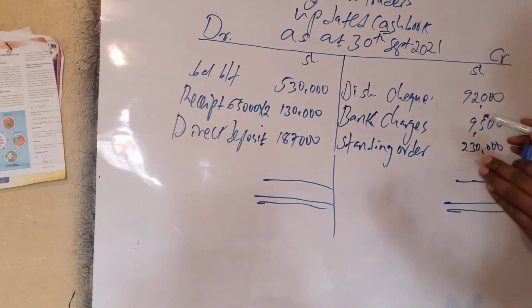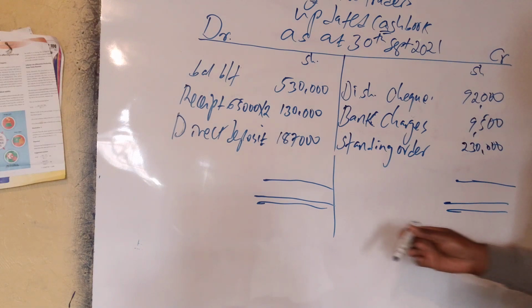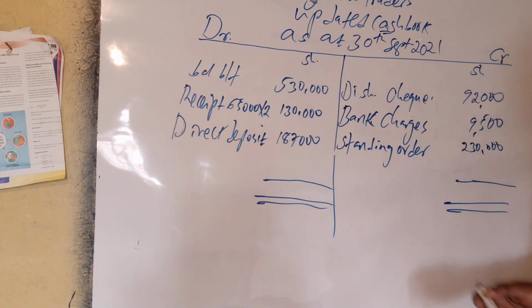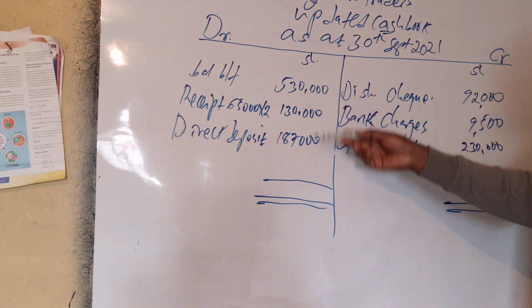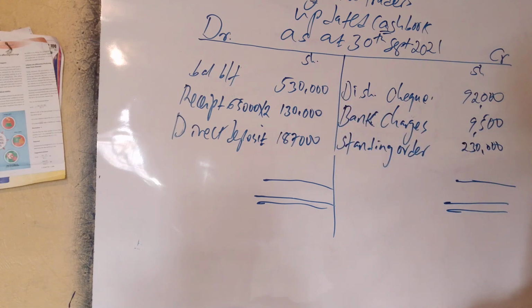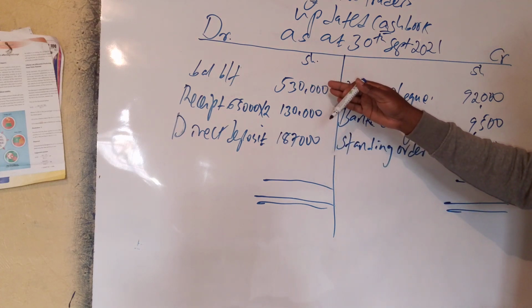The side with the higher amount gives you the total for both sides. For example, if we add up all this, we are supposed to get around, kindly confirm, 847,000 on this side.